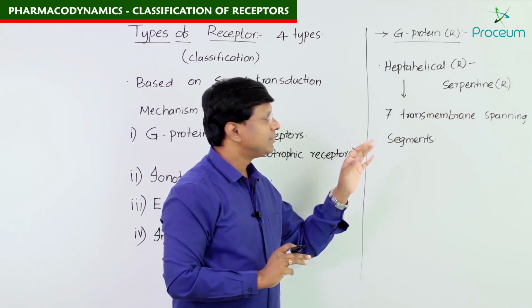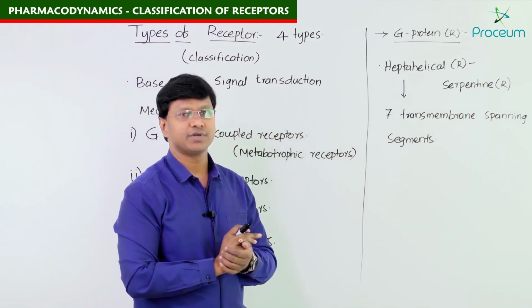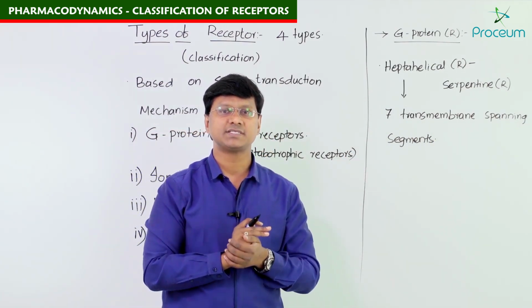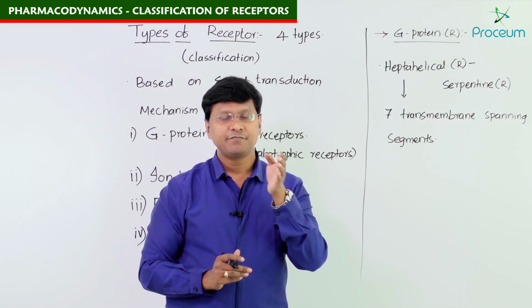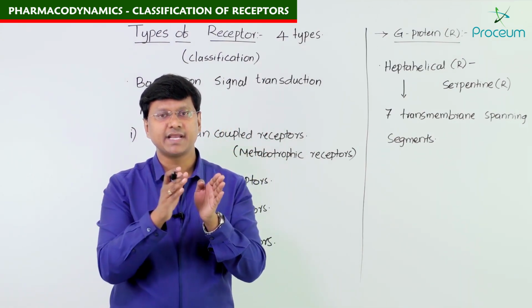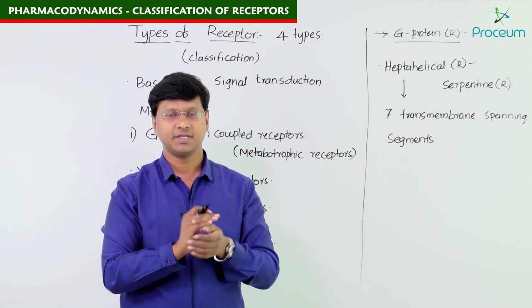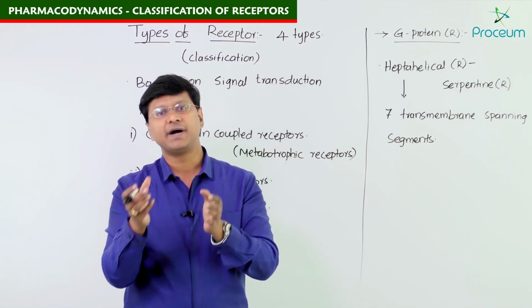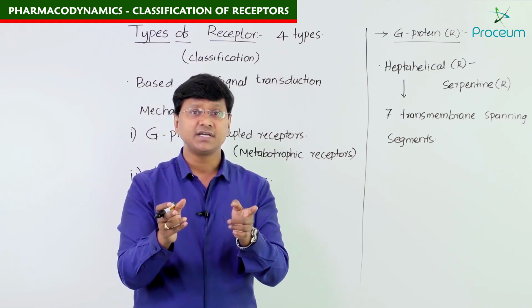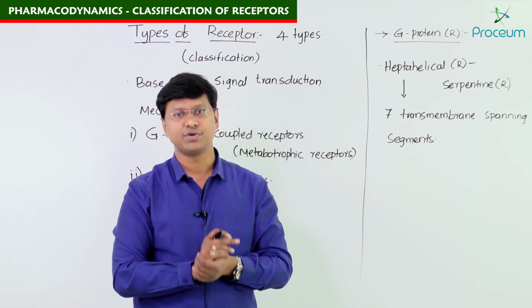Now let me discuss these G protein coupled receptors. What do these receptors do? Remember, the drugs come and bind to the receptor, right? Once the drug binds to the receptor, the receptor in turn activates the G protein.